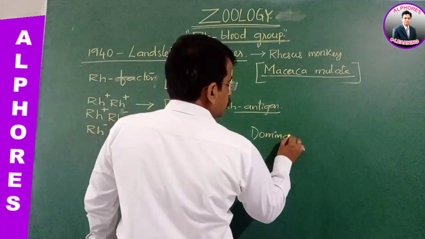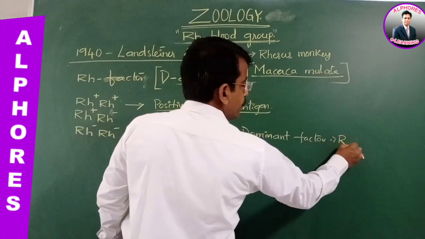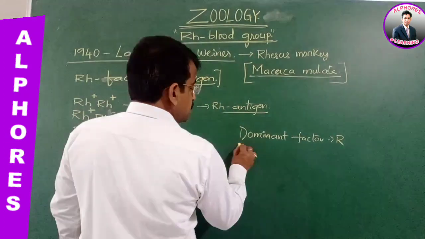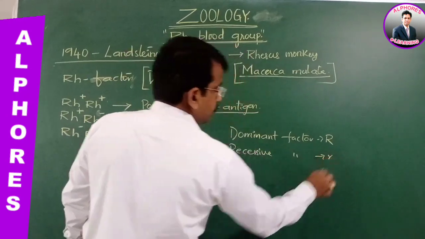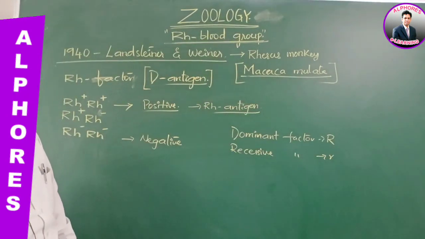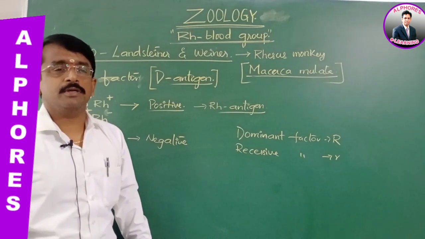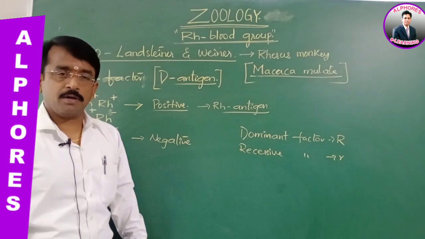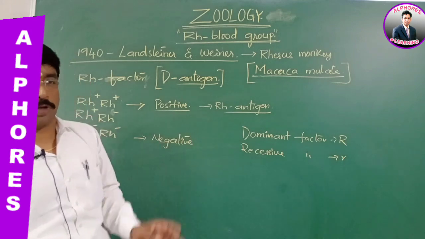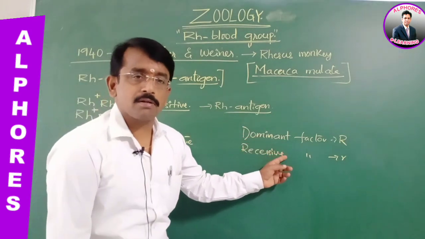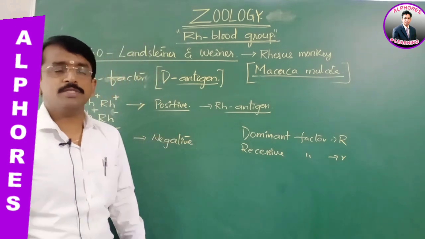In this connection, the dominant factor is capital R, and the recessive factor is small r. The genotypes are capital R capital R homozygous, and capital R small r heterozygous. Dominant will be of two types, and recessive is the double recessive, small r small r.